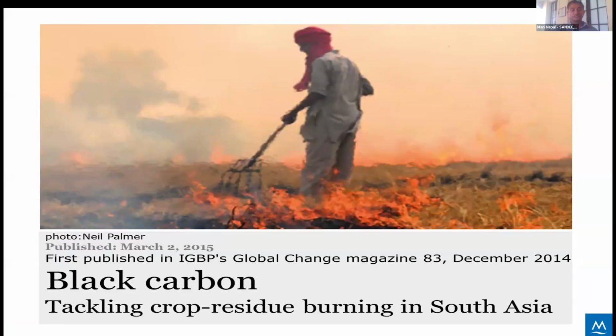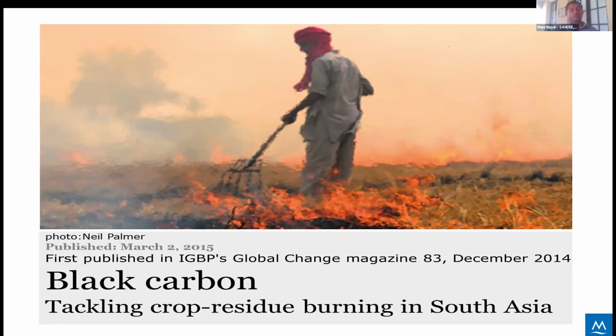Or you can also see this agricultural residue burning in most of the Indo-Gangetic plains, where farmers, after harvesting rice or wheat, burn the residue to clean their field, because that's the cheapest way of clearing the field for harvest.